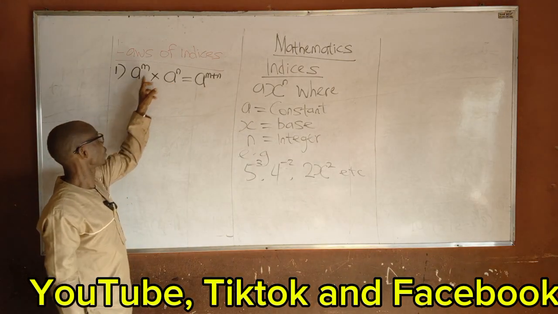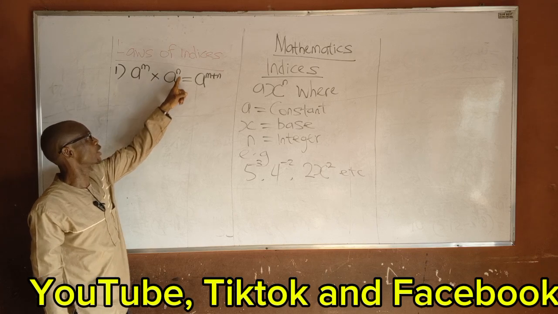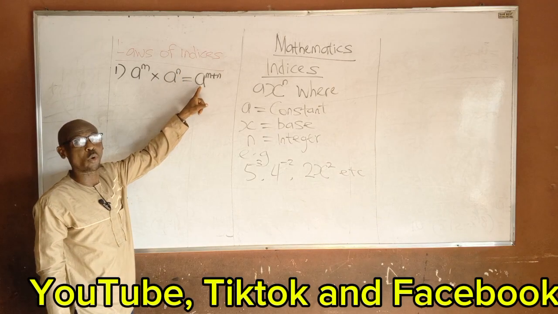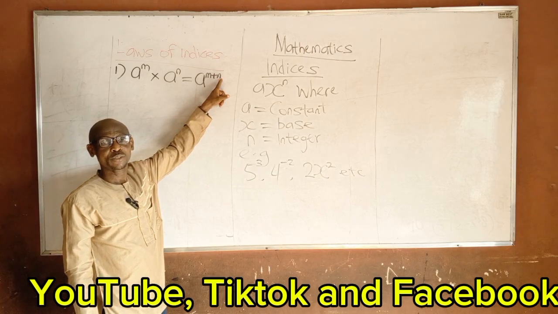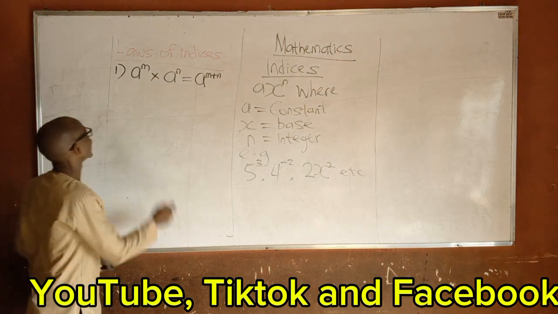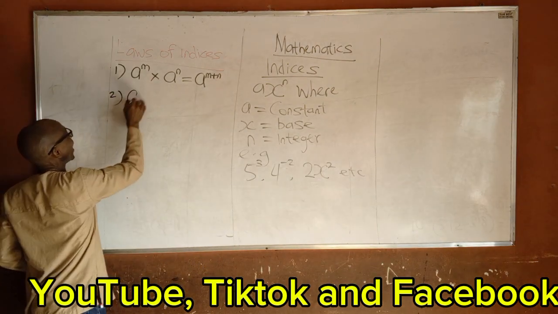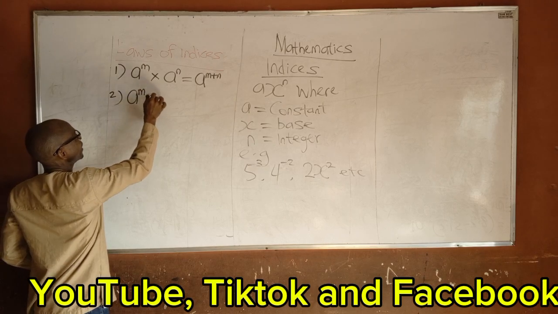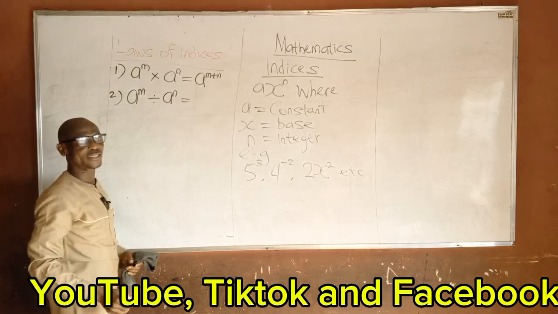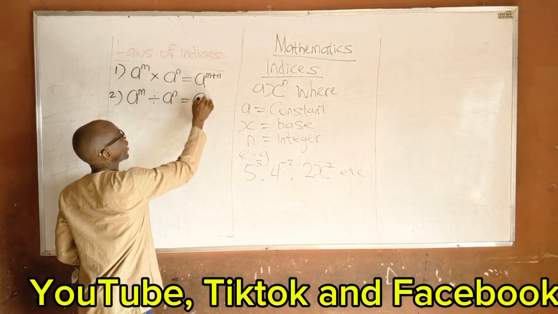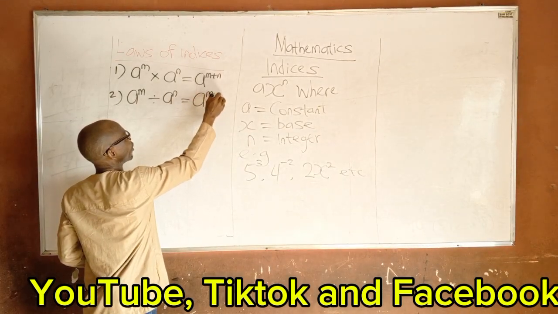So we are adding. The second law is a raised to power m divided by a raised to power n. This is equal to a raised to power m minus n.